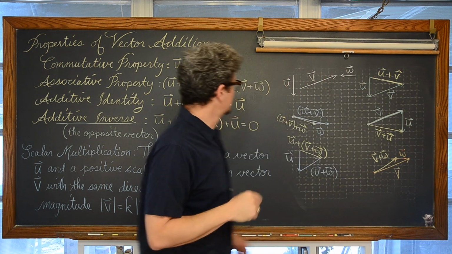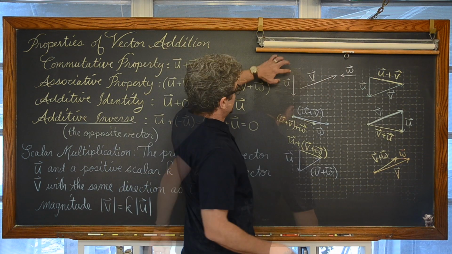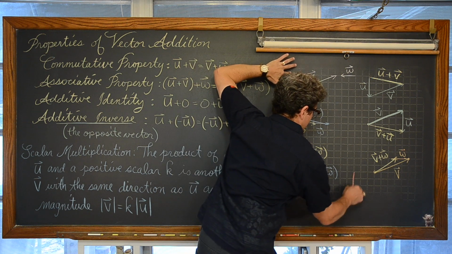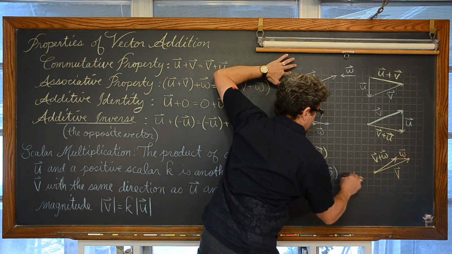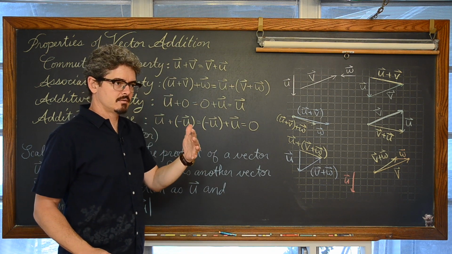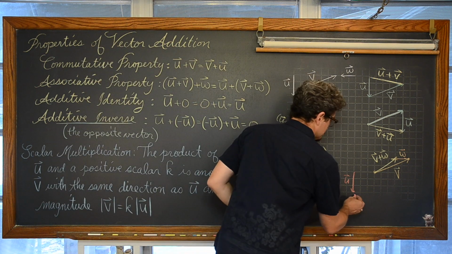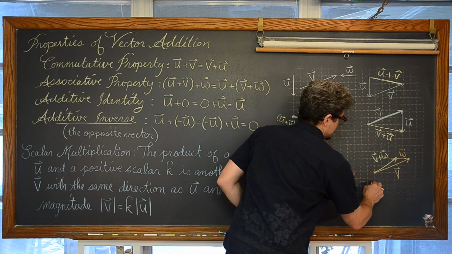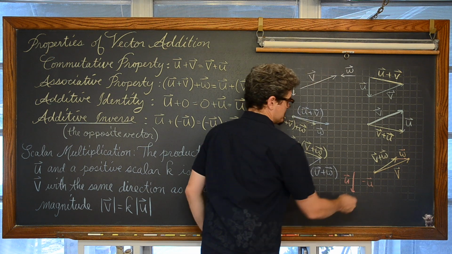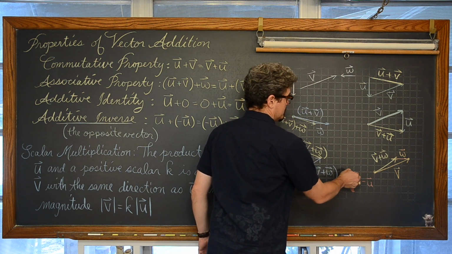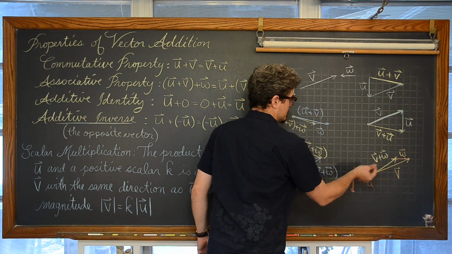So if I take vector u, which is down 3, and then I add with it the opposite vector, now how do I show this? What's negative vector u? What's the opposite vector look like? I can start at this terminal point and head right back, instead of down 3, up 3, and get right back to where I started from.